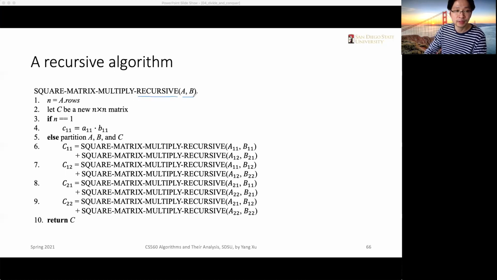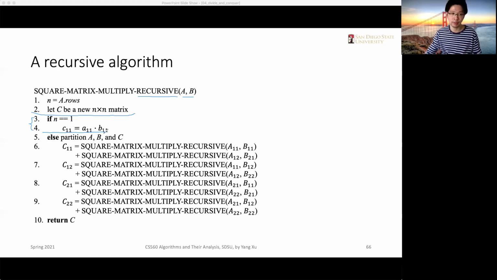The same inputs A and B, same initialization, and now because it's a recursive solution, we need to recognize the base case, or the boundary case, where if the input only has one number, then that means we cannot divide this basic case any further.